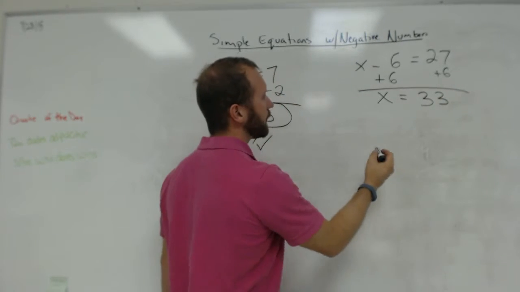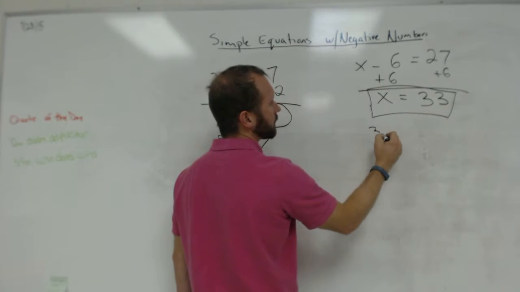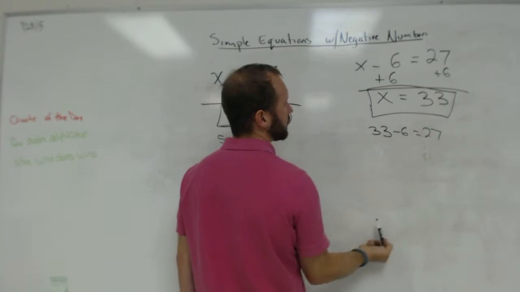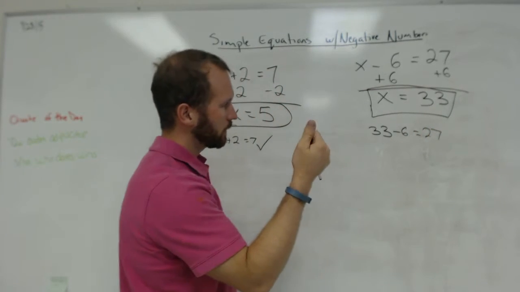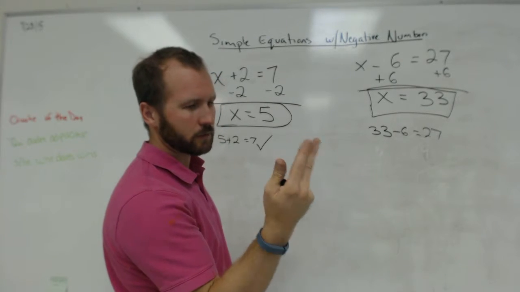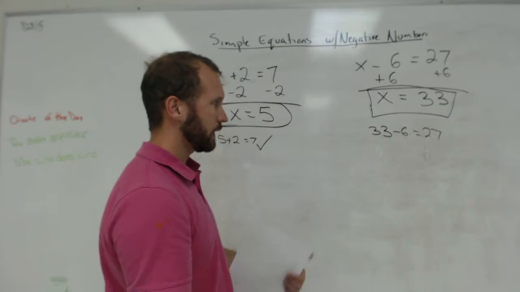Okay, we can check that. That's what we think our answer is. Instead of x, I'm going to write 33 minus 6 equals 27. Let's see, 33, 32, 31, 30, 29, 28, 27. That's true.